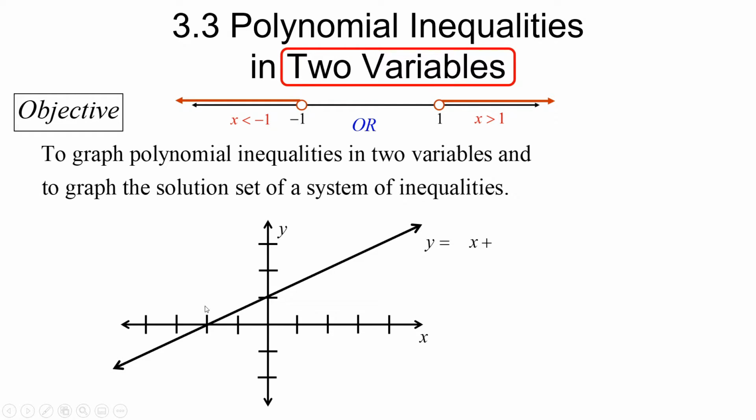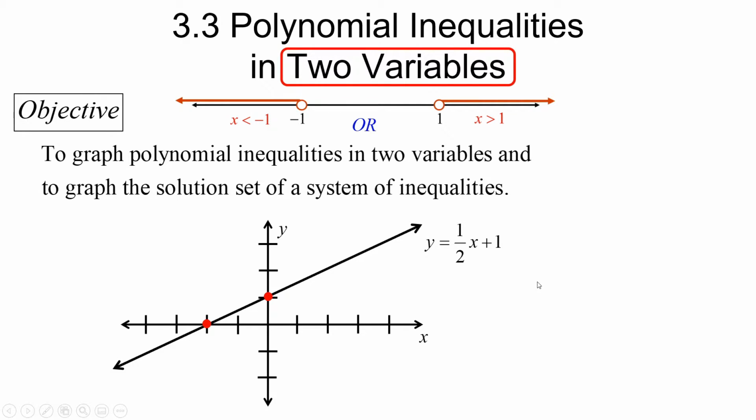Well, if I go from this point to that point, it looks like I rise 1 and run 2, so I have a slope of 1/2. And then what's my y-intercept? It's that 1 right there, plus 1. So this line represents every y such that y equals 1/2 x plus 1.